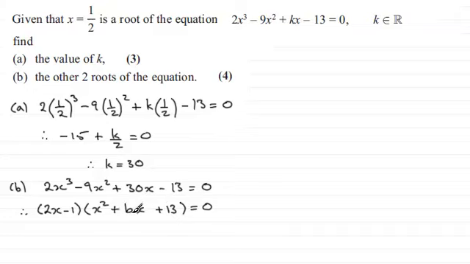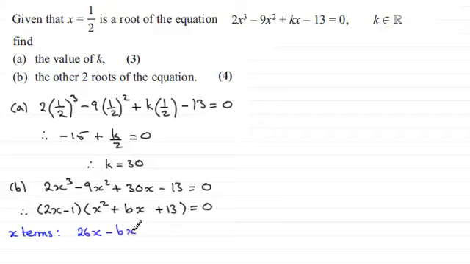Now there's ways that we can get bx, and one way is to compare, say, the x terms. I could also compare, say, the x squared terms. I'll leave it to you if you want to try that. So if I look at the x terms, what are we going to get for that? We're going to have 2x multiplied with the 13 is going to give us 26x. And then we'd have minus 1 times the bx, which is going to give me minus bx.